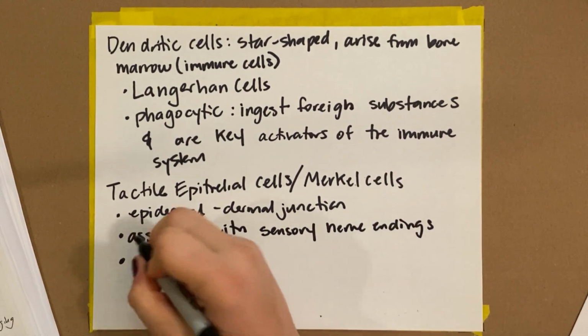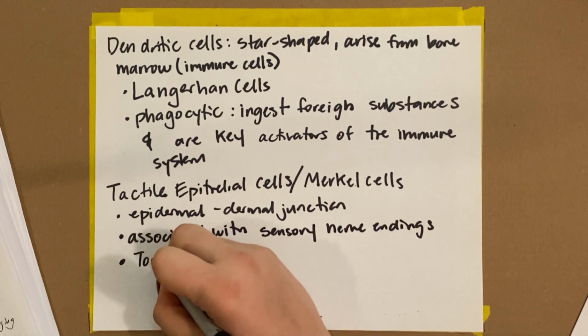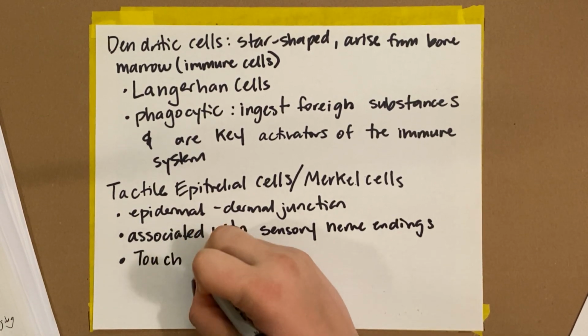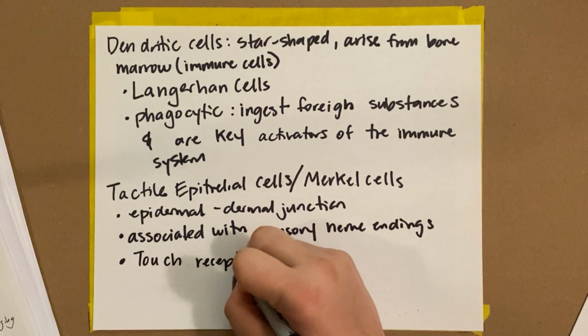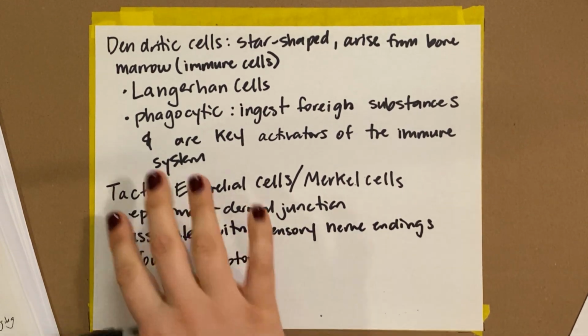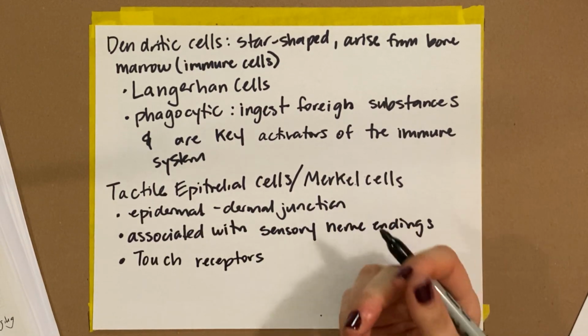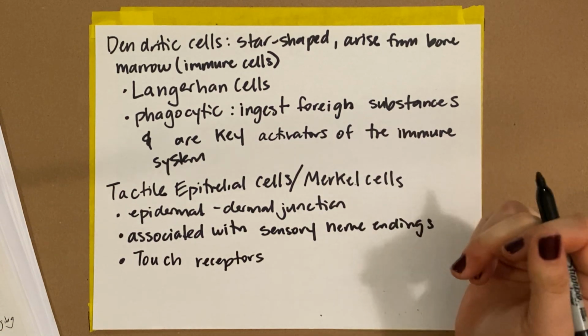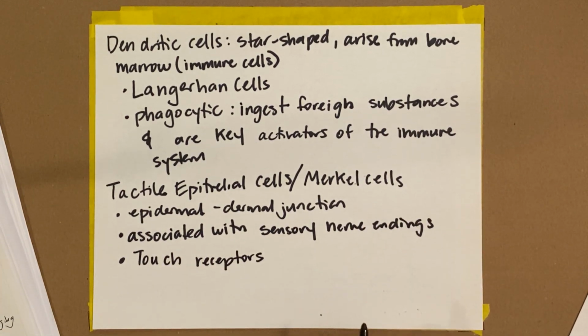Okay, and so these are going to be touch receptors. Okay, and tactile, just think of that word. It's kind of like you're feeling something, touch. That is going to be those cells.